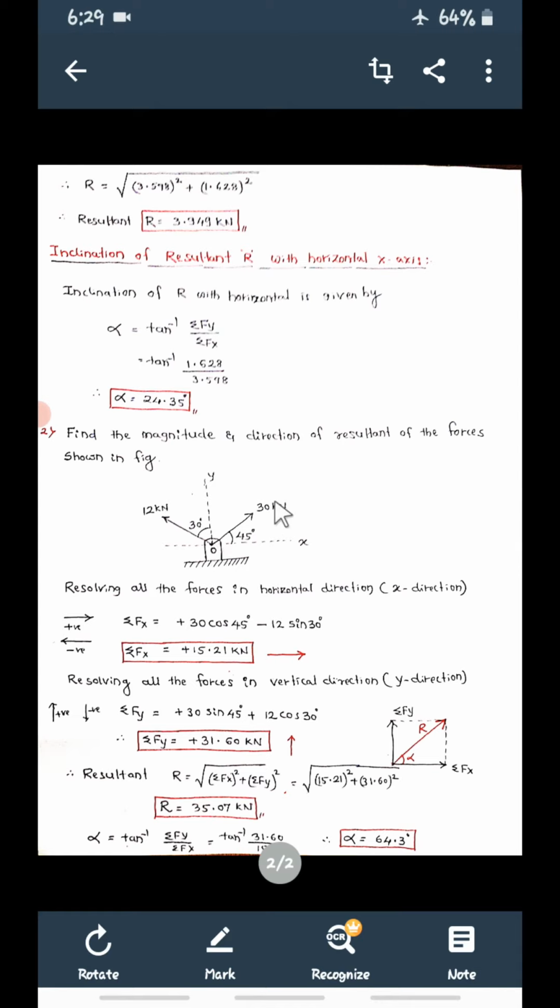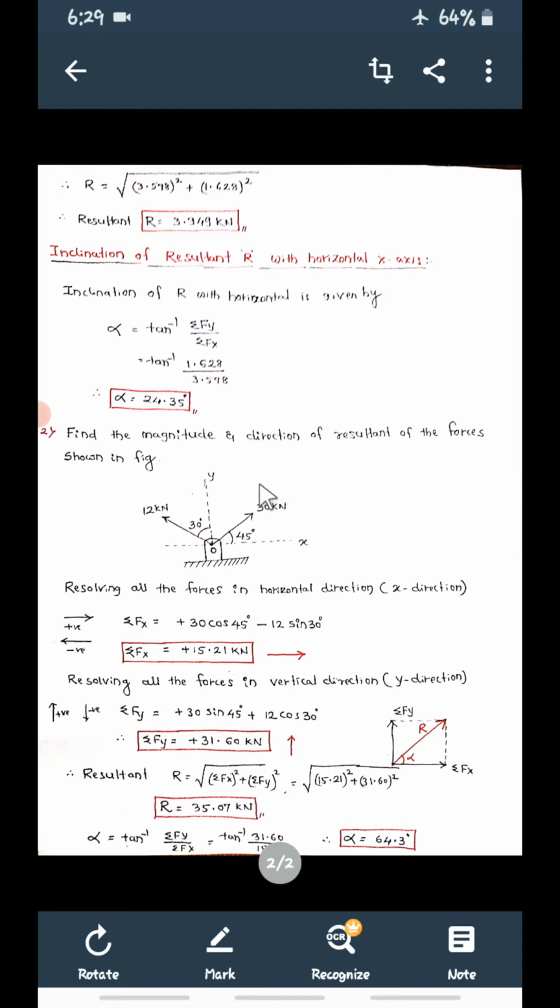Now this 30 kilonewton force is making an angle of 45 degree with, now if you draw, this is x-axis. Wherever they are going to meet, at that point you have to draw the x-axis, vertical, y-axis. Now this is x and this is y direction.